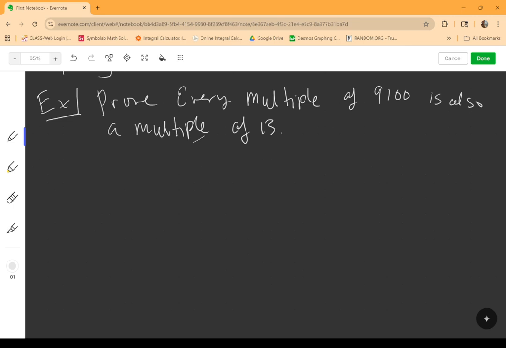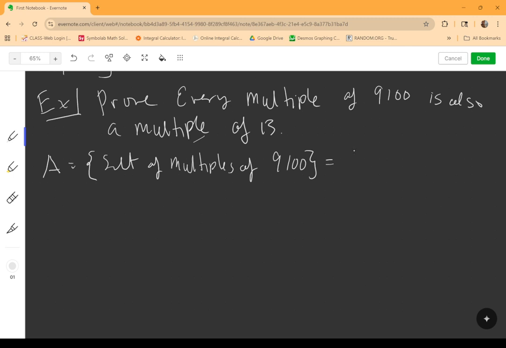Again, when I say a multiple, let's define a set A to be the set of multiples of 9,100.